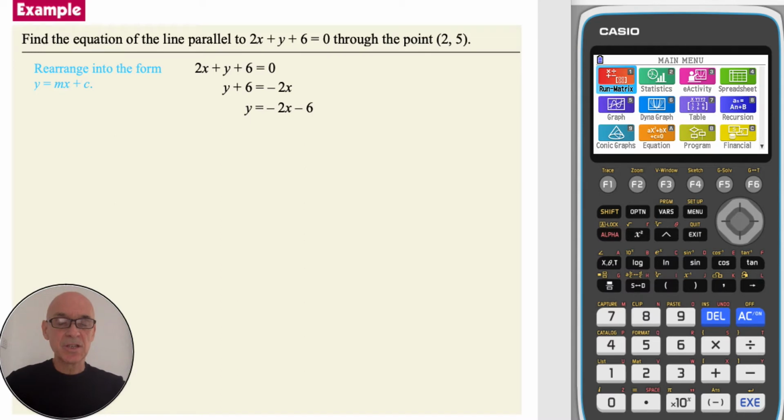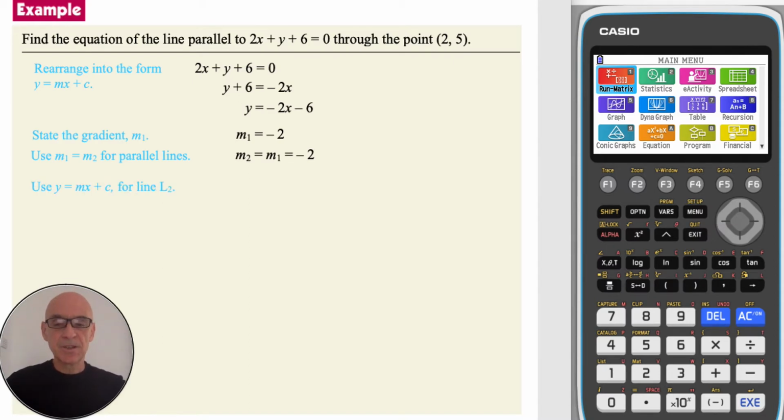As the equation is now in the form y equals mx plus c, we can state the gradient, m1, as the number in front of x. So m1 is equal to negative 2. Using the fact that parallel lines have equal gradients, we can state that m2 will also equal negative 2.